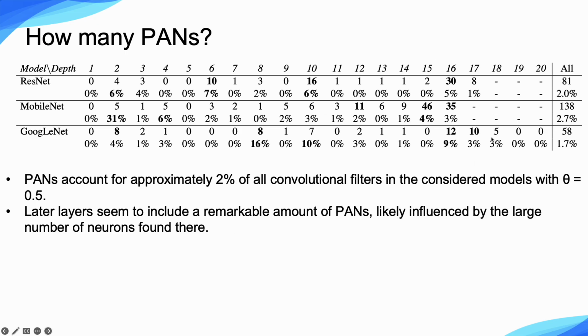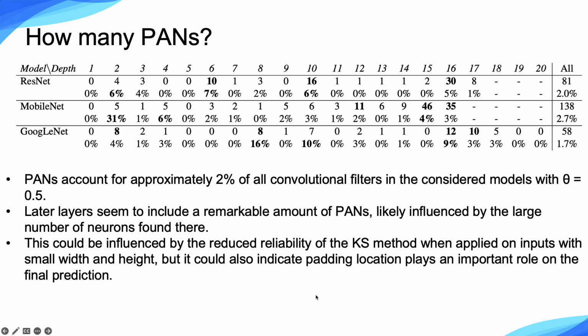And later layers seem to include a remarkable amount of pens, likely influenced by the large number of neurons found there. This could be influenced by reduced reliability of the KS method when applied on inputs with a small width and height. But it could also indicate padding location plays an important role on the final prediction.